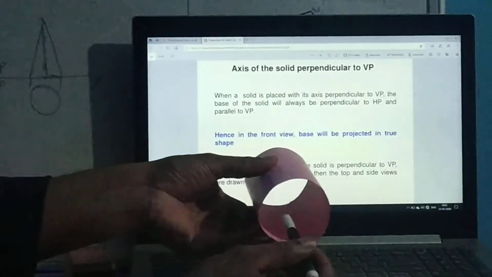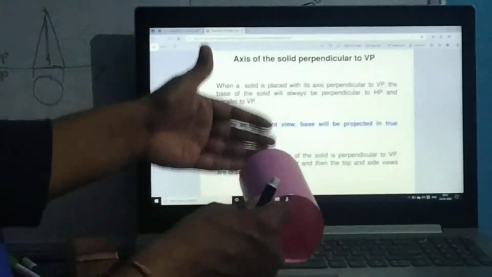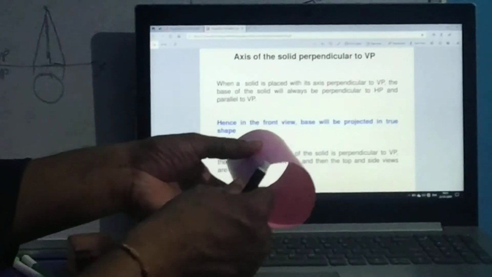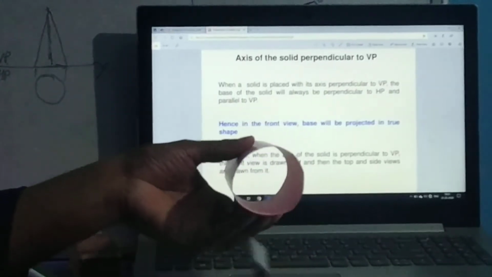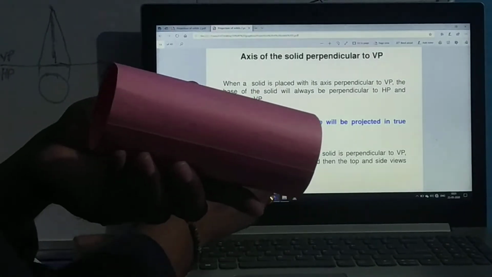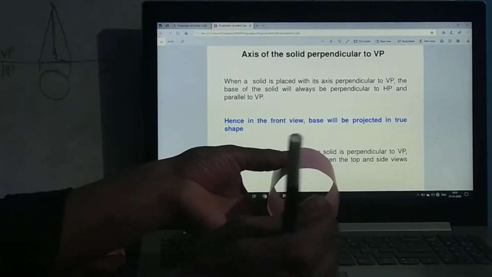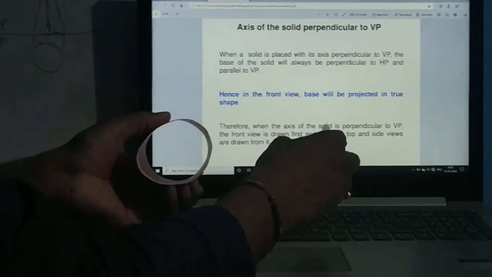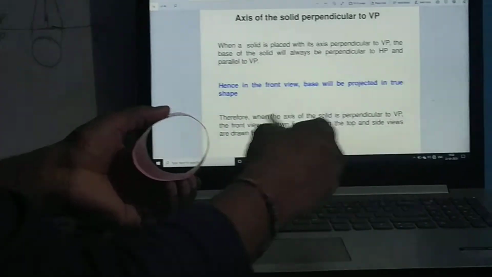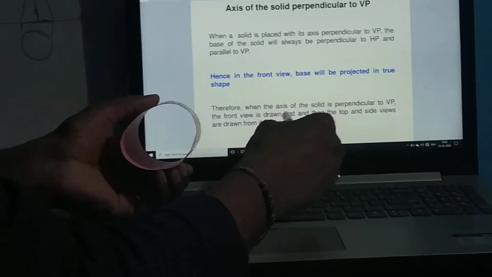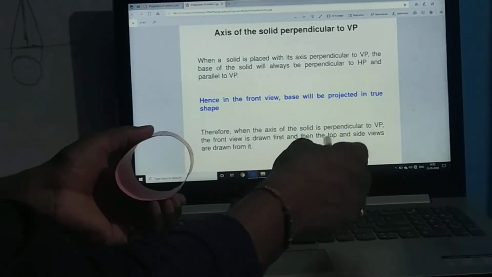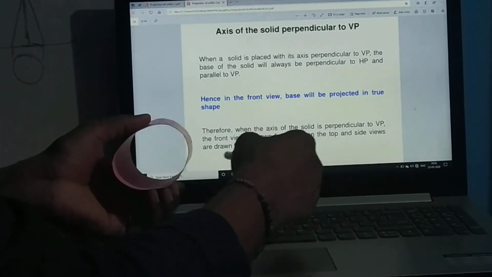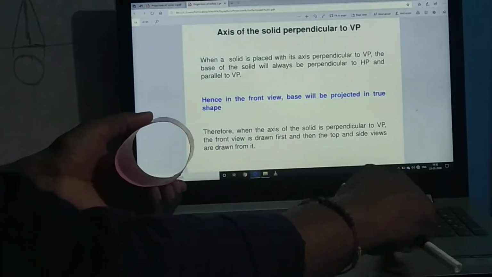When the axis of the solid is perpendicular to this VP plane, in this position what will we do? In the front view, the base will be projected in true shape. Therefore, when the axis of the solid is perpendicular to VP, the front view is drawn first, and then the top and side views are drawn from it.